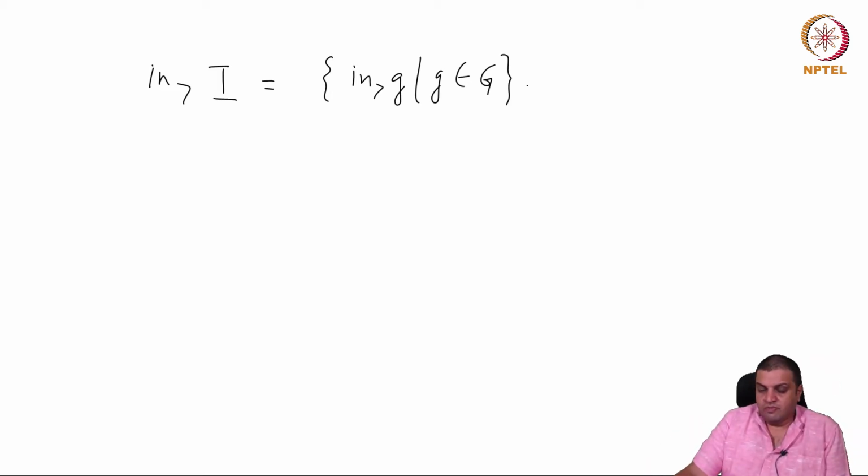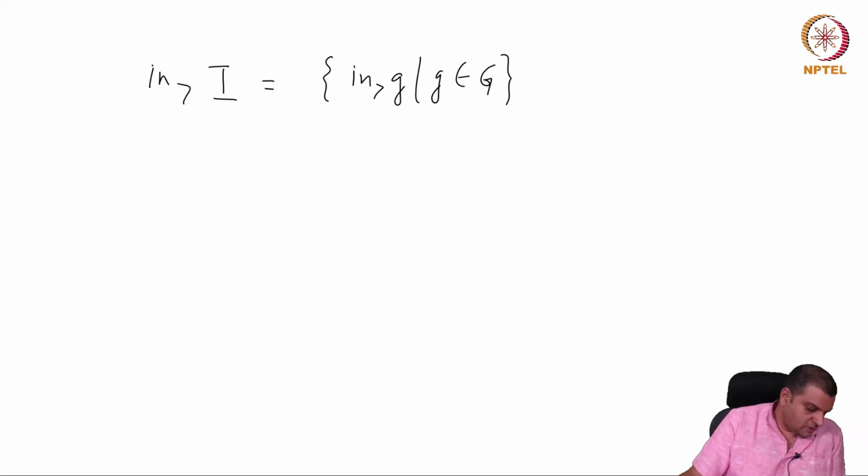So it is a finite subset of the ideal whose initial terms generate the initial ideal of I. So such a thing is called a Gröbner basis.